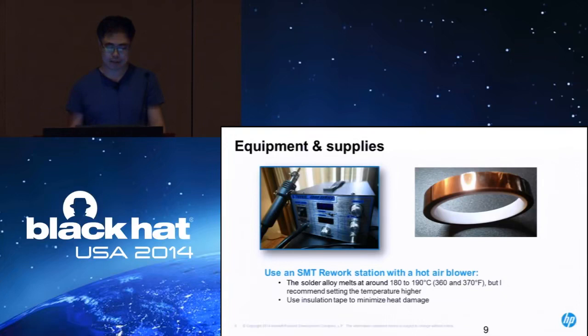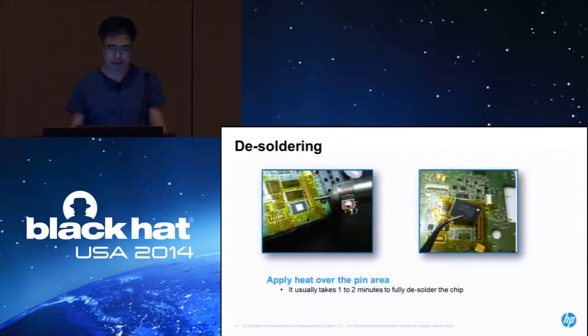The Kapton tape on the right side is for protecting other chips from heat damage. It is supposed to block some of the hot air. The desoldering procedure looks like this. You apply the hot air around the pins and just take it out.